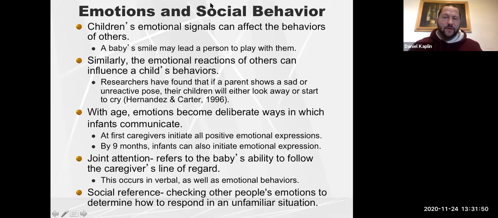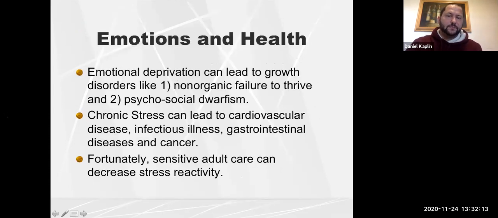An example of how this might affect us is laugh track. So if you have comedy television shows and the laugh track goes off, it makes you want to mirror that behavior and laugh. So these are just a few examples of how social referencing affects emotions.